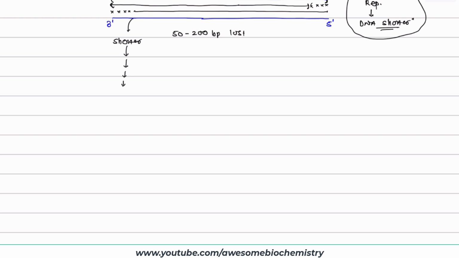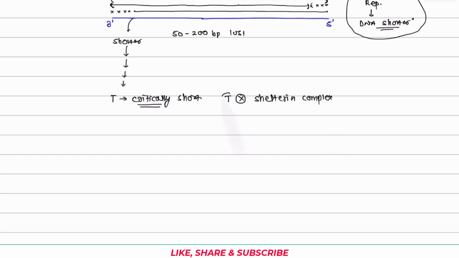Till the point where telomeres become critically short. When will we consider telomeres as critically short? When telomeres are not able to bind with the shelterin protein complex. At that time we will consider a particular telomere as a critically short telomere, right?